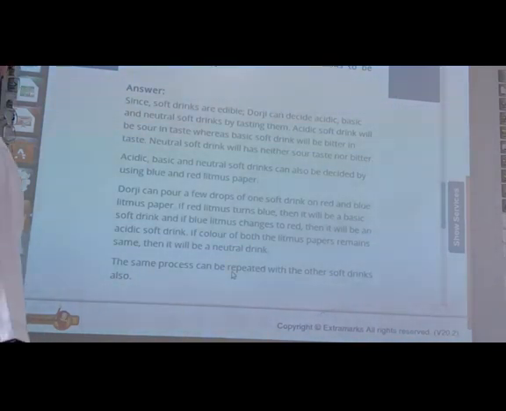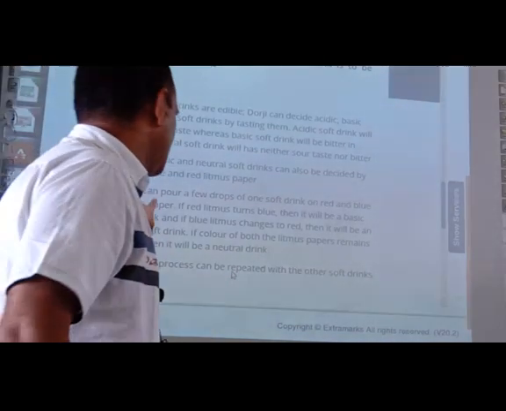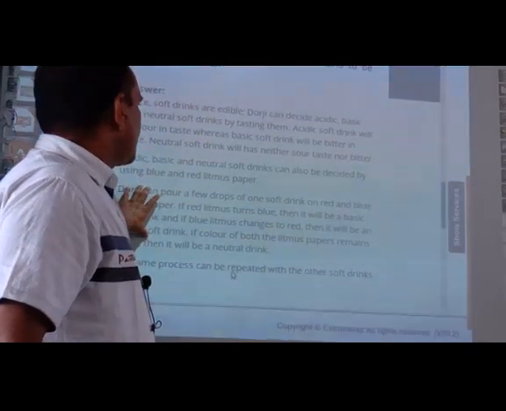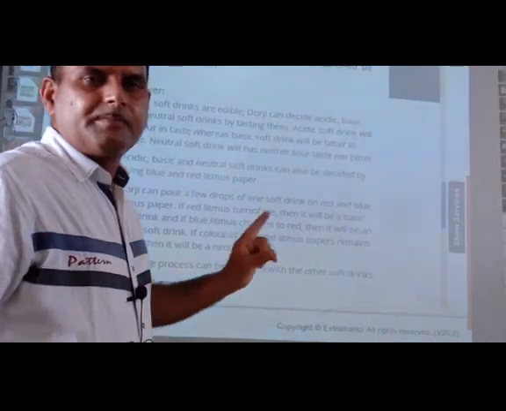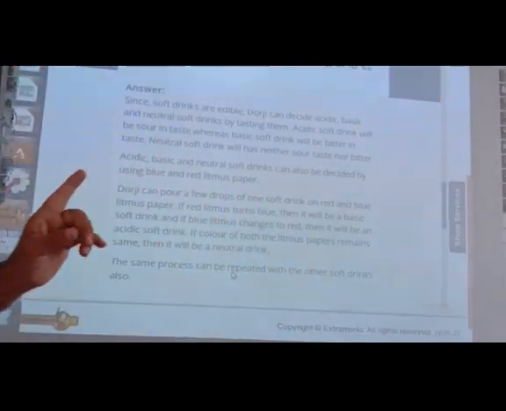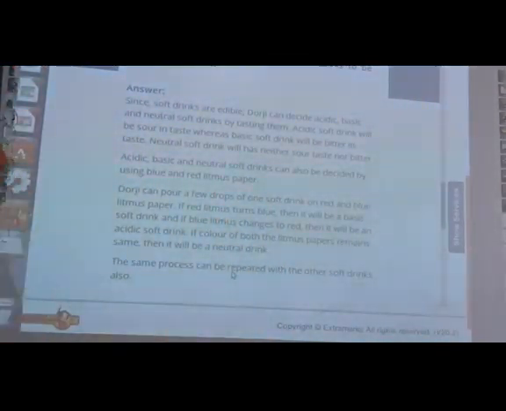Neutral soft drink will have neither sour nor bitter taste. Acidic, basic and neutral soft drinks can also be decided by using blue and red litmus paper. This one I have already taught. Taste is also one of the factors. But remember, taste can be done only if the given substance is edible. If it is not edible, then it is harmful for the body.